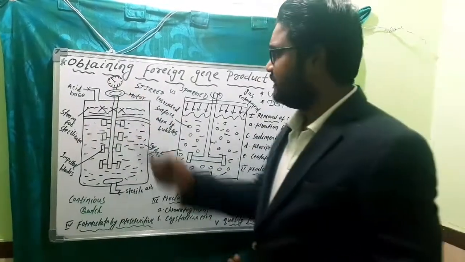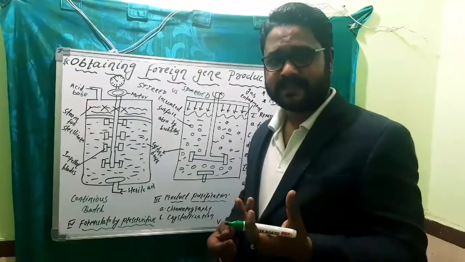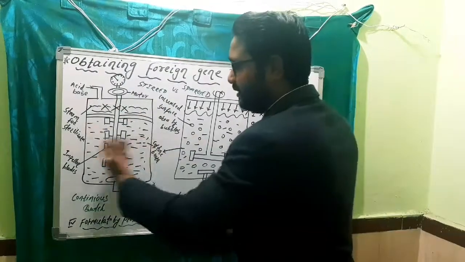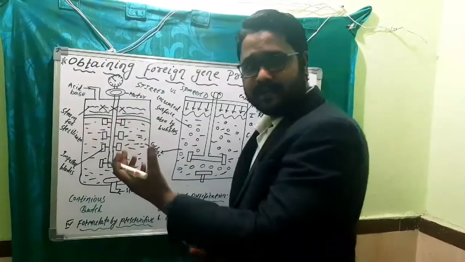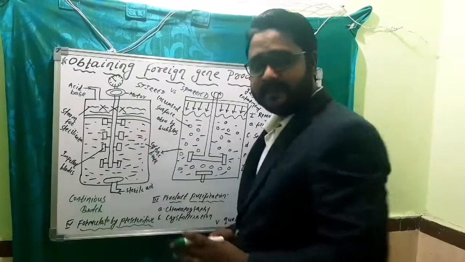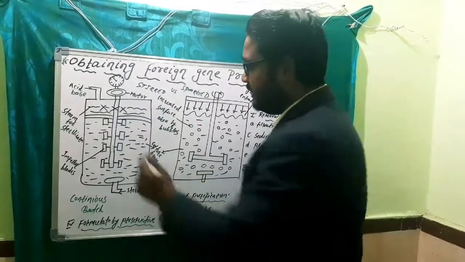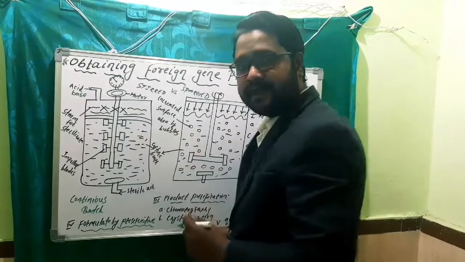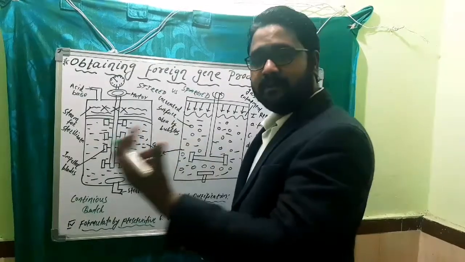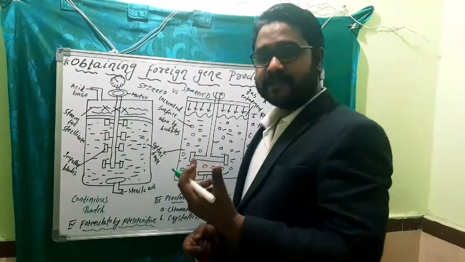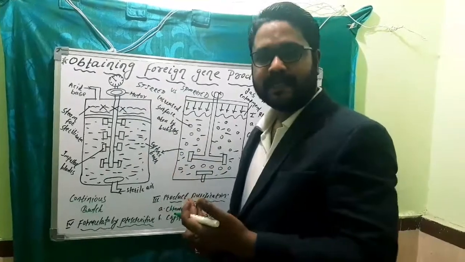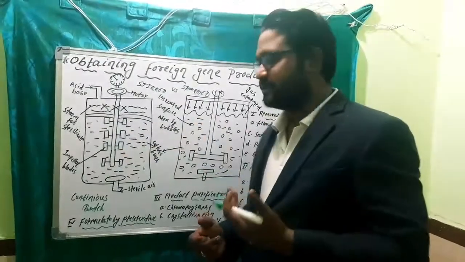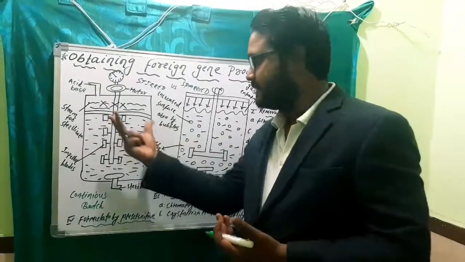What this motor or agitator system does is rotate all the medium plus microorganisms present inside this cylinder. Then these impeller blades cause turbulence while agitating. Because of that, maximum mixing of the nutrient plus the oxygen is done inside this vat.